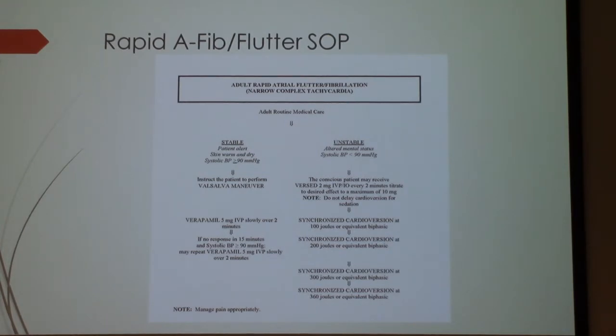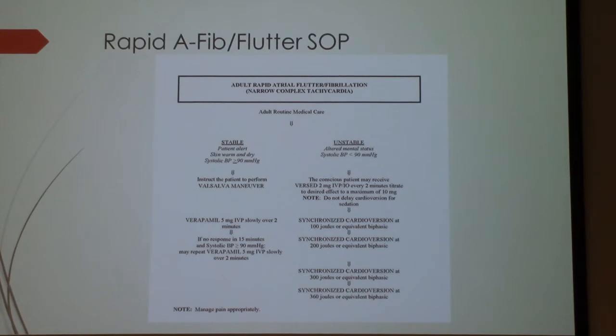With our rapid AFib, a lot of people say, well, what's rapid? What are we looking at? We say about 120 beats per minute with signs and symptoms is considered rapid AFib. So if they're maybe 130 beats per minute, they're stable, blood pressure is good, but the rate's just going way too fast, maybe they have some lightheadedness, dizziness, weakness, we'll try Valsalva maneuvers.